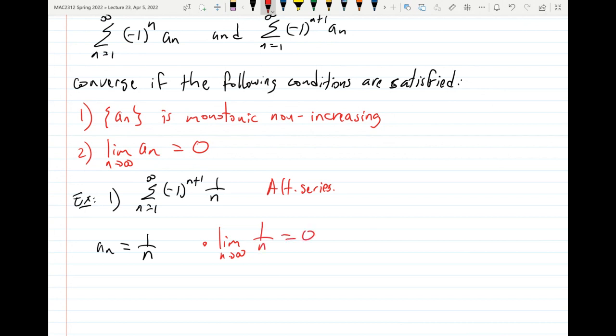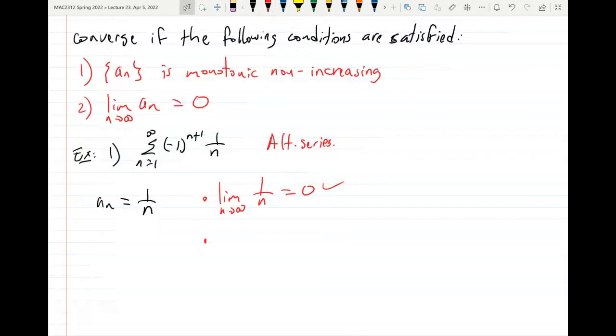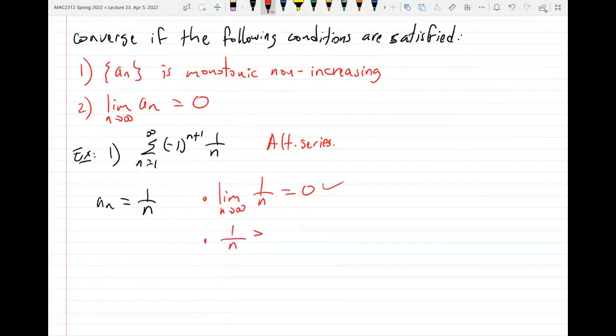I'm going to do this one because it's kind of easier. When you take the limit, we certainly get 0, so that's checked. And second, do you understand that this is monotonic? Certainly 1 over n is always greater than or equal to 1 over n plus 1, for all n.